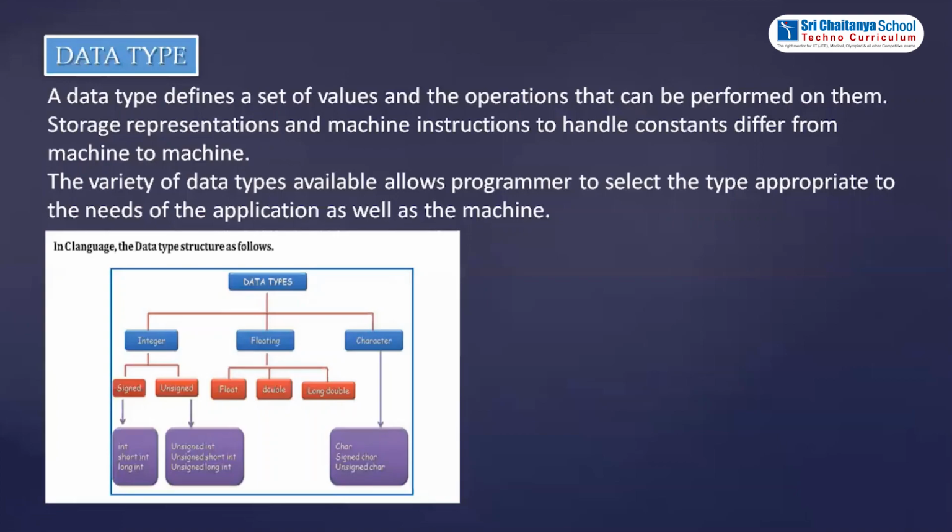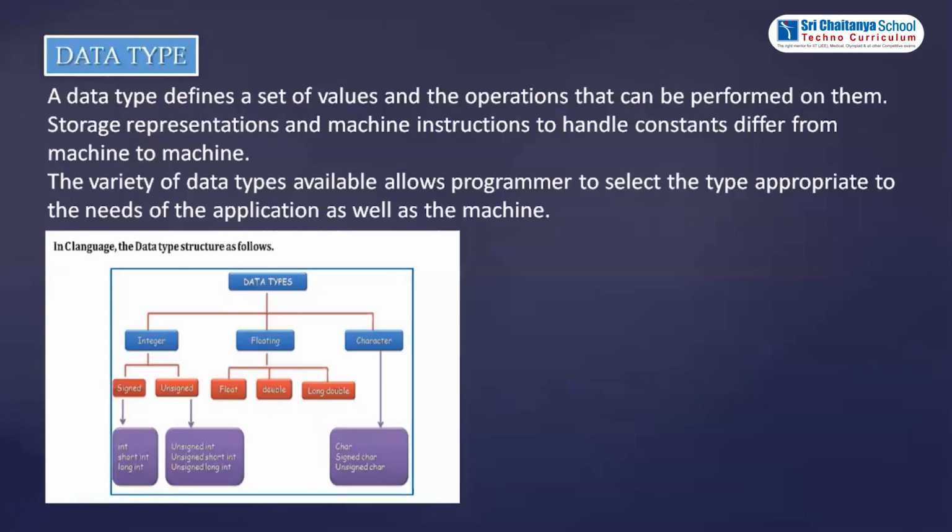For example, when I just declare int a, the a can accept a value of 10. But when I declare a variable float a, then the a can accept a value like 10.1, 10.2 or 10.55. So basically, three data types are supported by C language. They are integer, float and character.